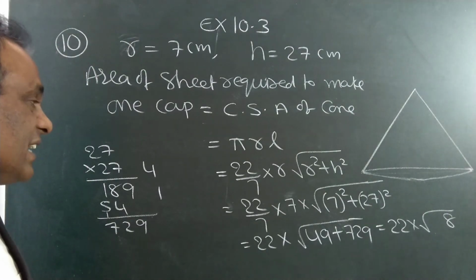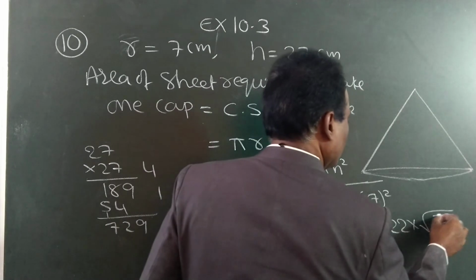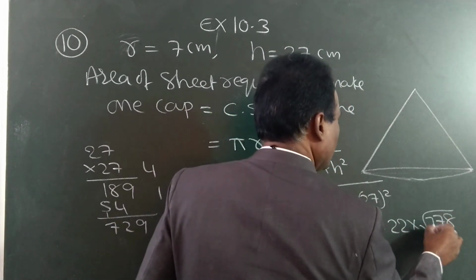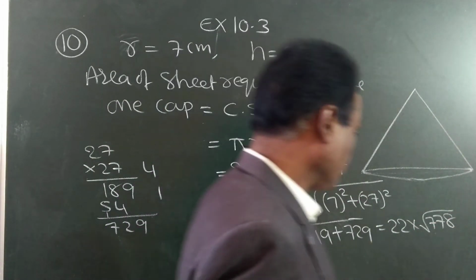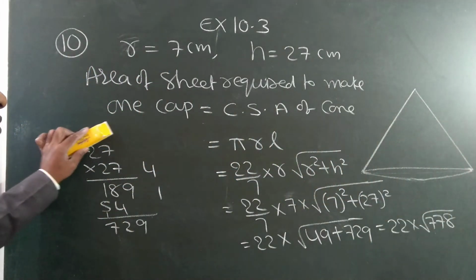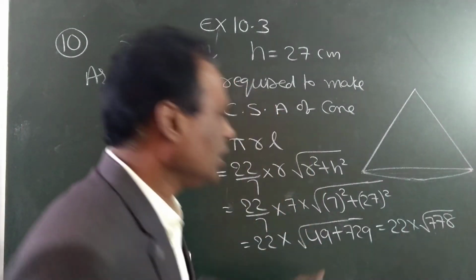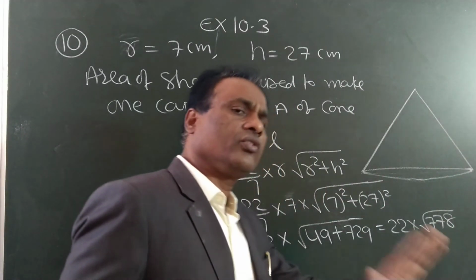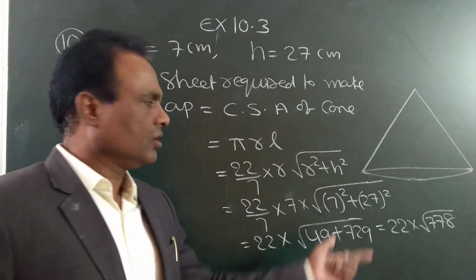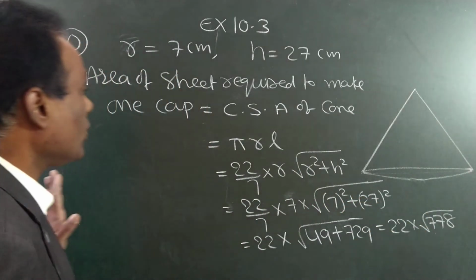The value is 778. So 778 is not a perfect square. You can keep it as it is, or if you know how to find square roots, which you studied in the beginning, we can find that square root. But we have 10 caps.